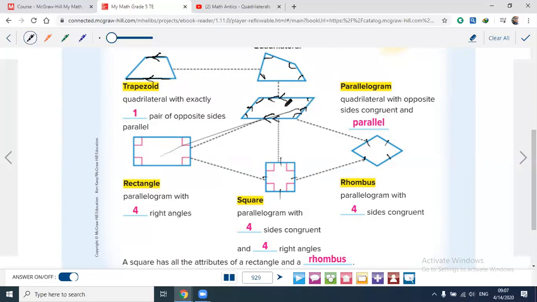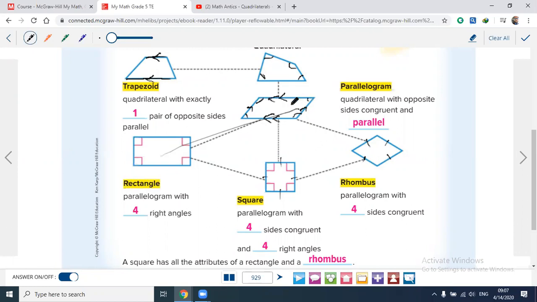Now the parallelogram with right angles becomes a rectangle. So a rectangle is a parallelogram with 4 right angles.